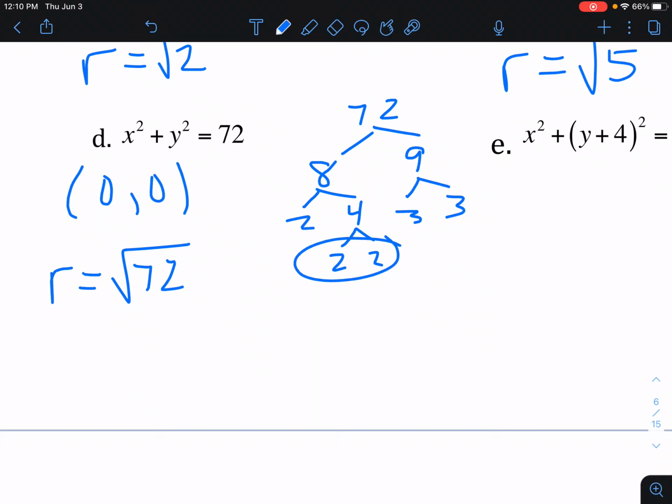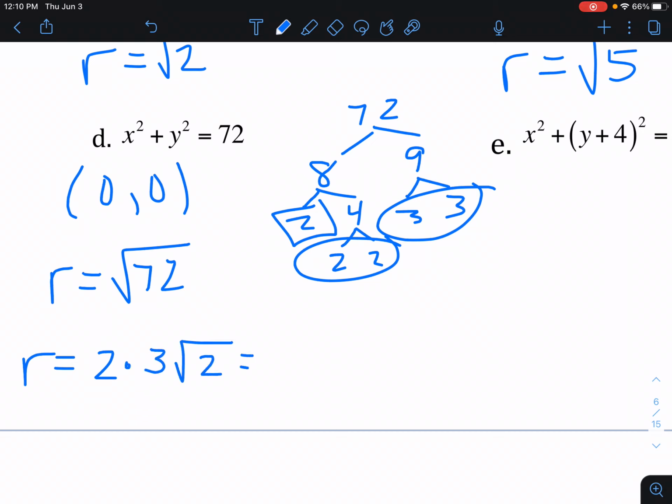So a 2 is going to come out, and another 3 is going to come out. And then that 2 that's not paired up that I just boxed in, that'll have to stay in the radical. So the 2 comes out times the 3 that comes out, and the boxed 2 stays in. And then 2 and 3 that came out get multiplied to have 6 times the square root of 2. So there's your radius.